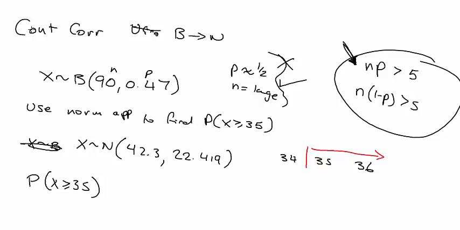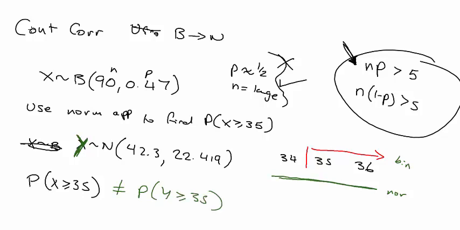Now, whenever you're doing the continuity correction, because the binomial has jumps, 34, 35, and the normal is like a nice straight line, it's wrong to say the probability of, by the way, I should probably call that a different letter, like Y. It's wrong, because you're missing that.